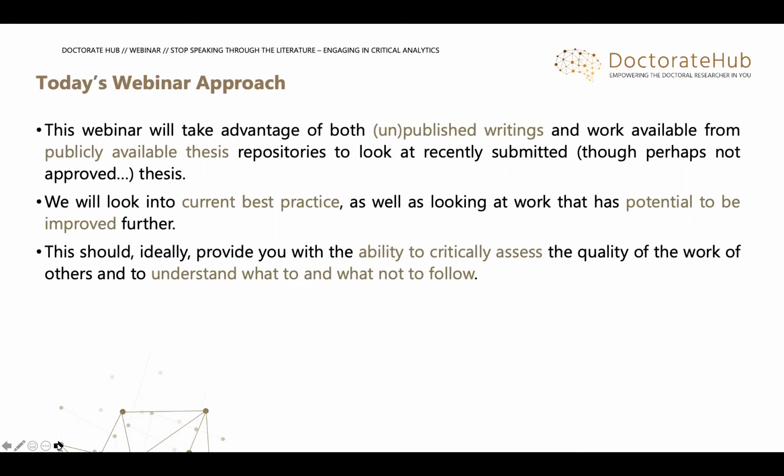And we will look into current best practice, but also into work that has, let's say, a potential to be improved. And ideally, due to that, you will increase your ability to critically assess the quality of the work of others, but also of yourself.